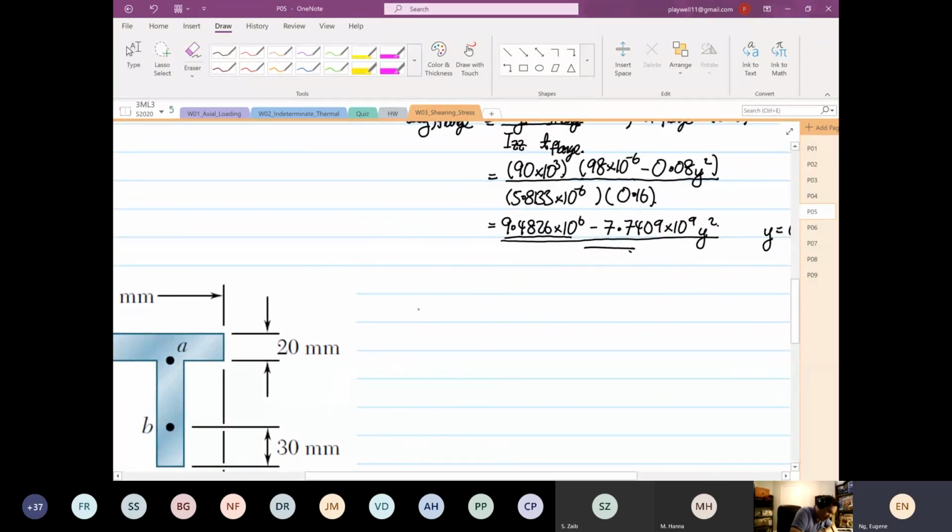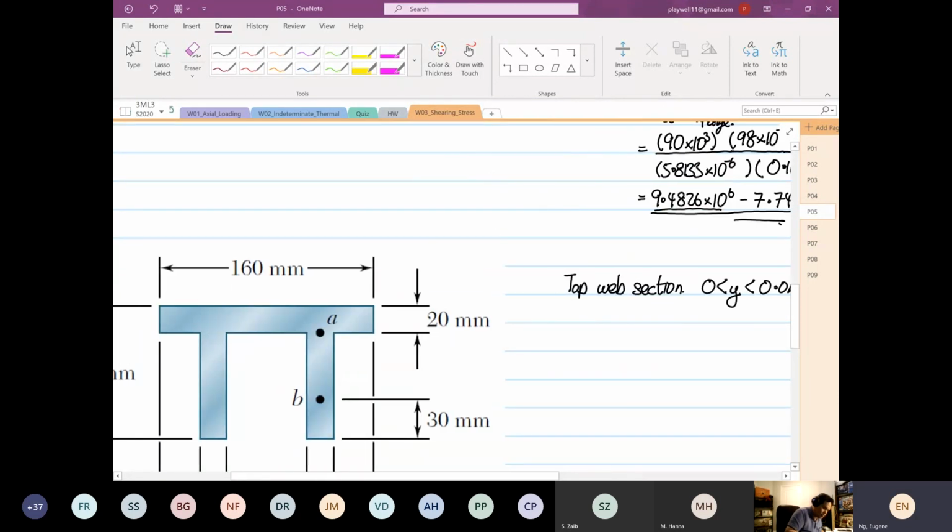Now we're going to look at the web section. So the top web section, the limits will be 0, y, and you'll stop at 0.015 meters.